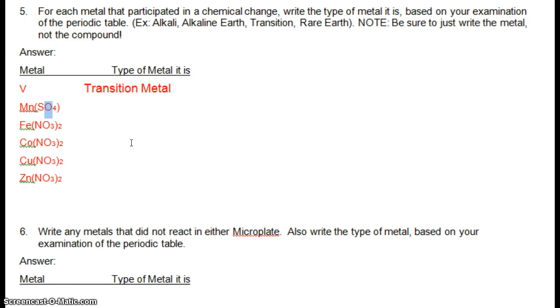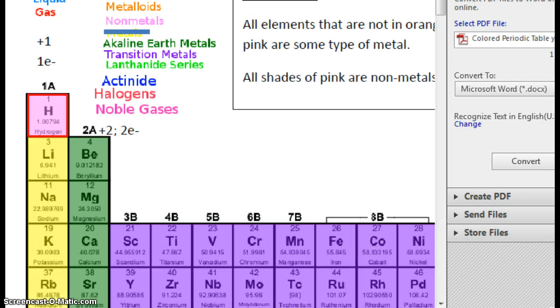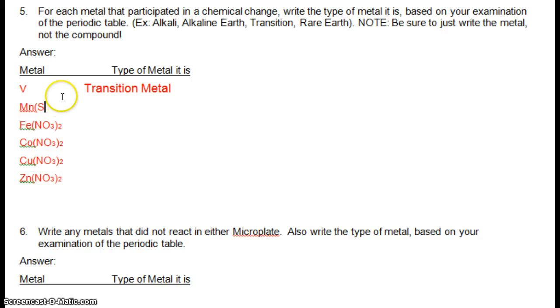Is oxygen a metal? No, I hope not. So I have Mn and S left over. So Mn is right here. What group does Mn belong to? The transition metals. So we'll get rid of the S and we have another transition metal.